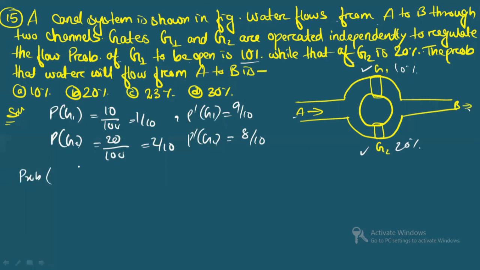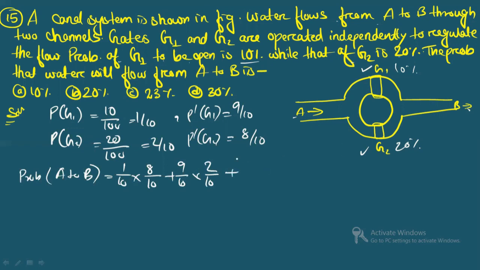Now you see, the probability that water will flow from A to B. We will use these three conditions. First, we will see gate G1 is open: probability for opening of G1 and probability for closed of G2. So it is 1 by 10 into 8 by 10, plus the probability that G1 is closed and G2 is open, so 9 by 10 into 2 by 10.